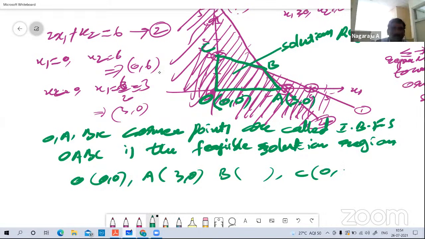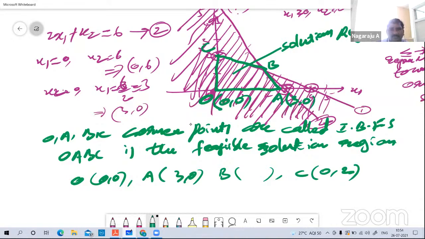For calculating B, I will take equation 1 and equation 2. Equation 1 is x1 plus 2x2 equal to 4, and the second equation is 2x1 plus x2 equal to 6.